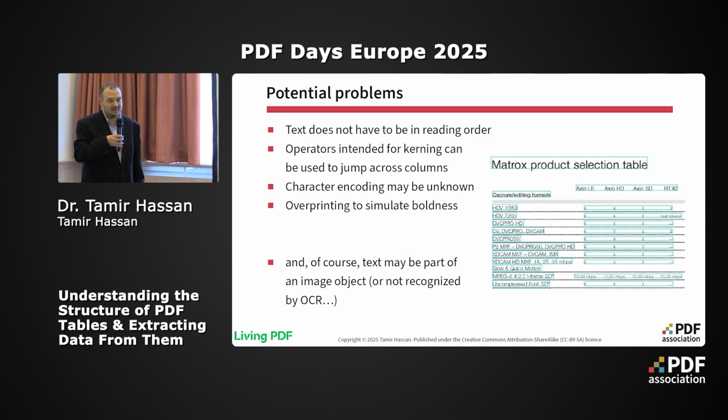Particularly if the font is missing, that's something that has been done in the past. Because, again, if the print result is correct, who cares? Nobody did back then. And of course, we might just have text as part of an image, which brings us back to the OCR problem.